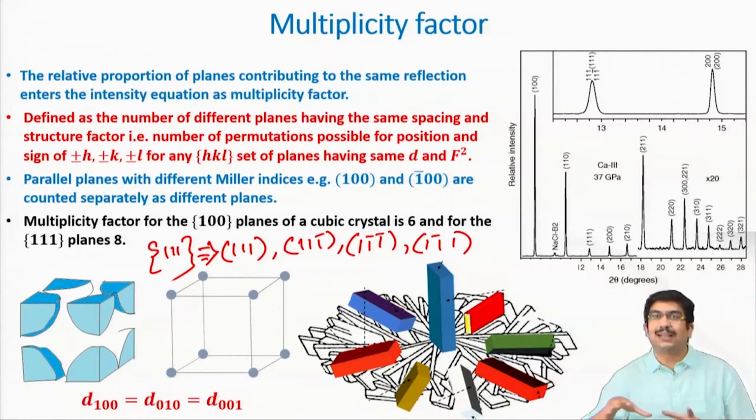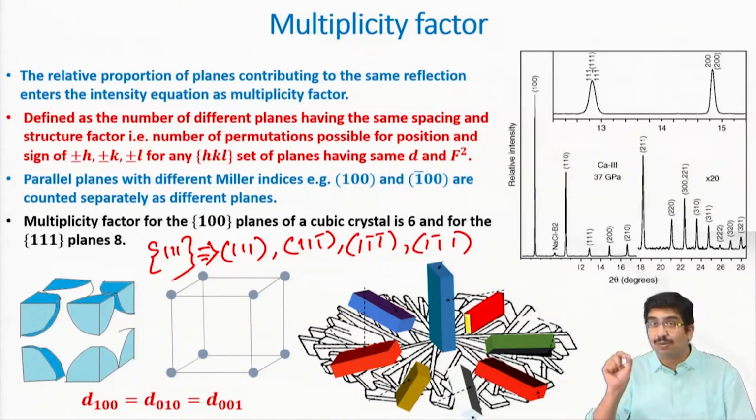If I consider that each of these planes gives some amount of intensity, the way we calculated it, if you remember, with the structure factor and the intensity from one single atom, then 8 111 type planes are giving me an intensity versus 6 100 type planes.